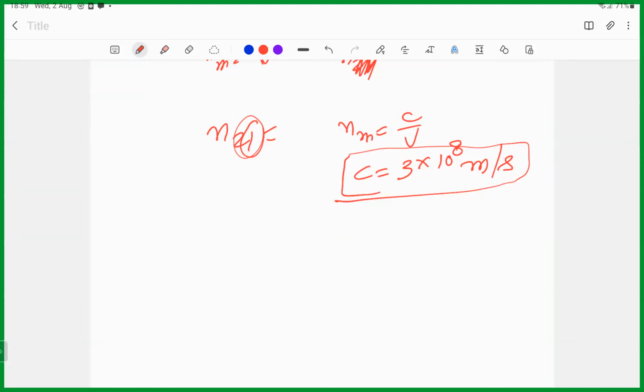Then what will happen? If the light travels from rarer to denser, will it bend towards or away from the normal? It bends towards the normal, right?